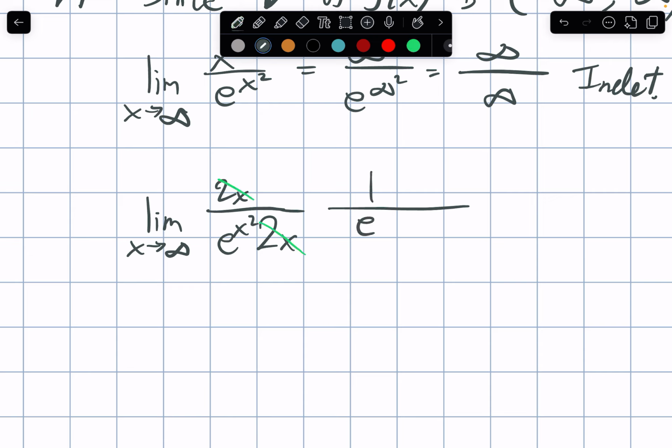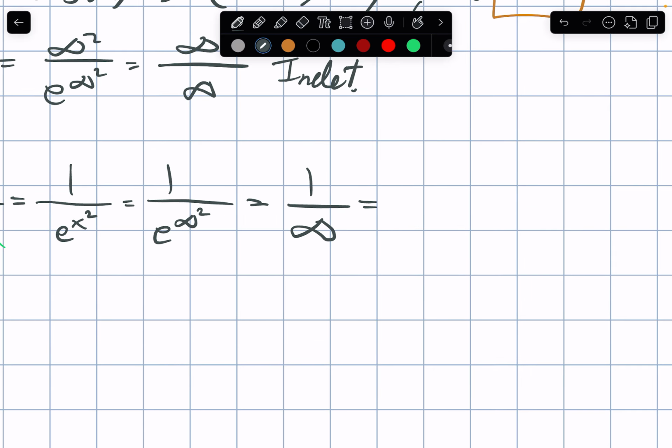Then we cancel. What we have left is e raised to x squared. If we substitute, then we have 1 over infinity. A constant over infinity is equal to 0. So this is our horizontal asymptote.